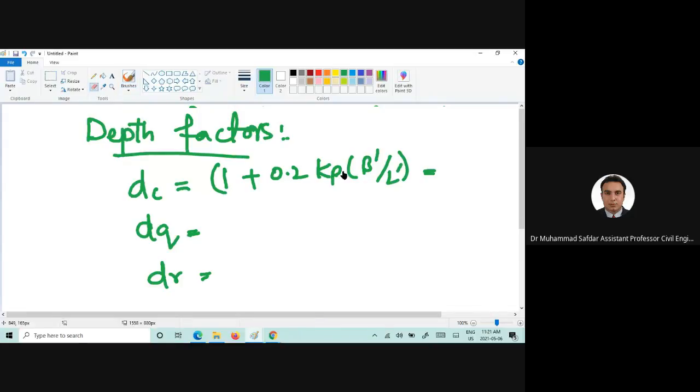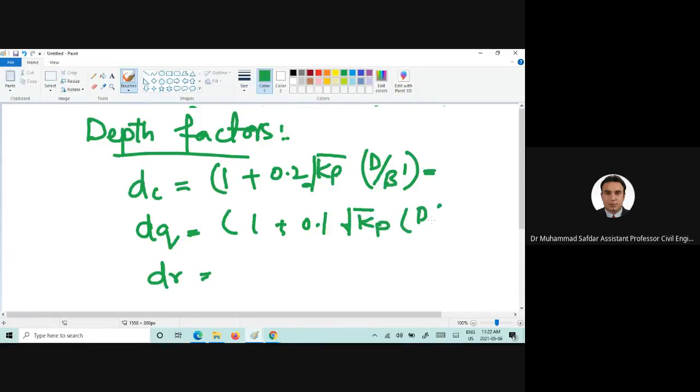That's for the shape factors, sorry. Okay, give me these numbers for the depth factors, please.